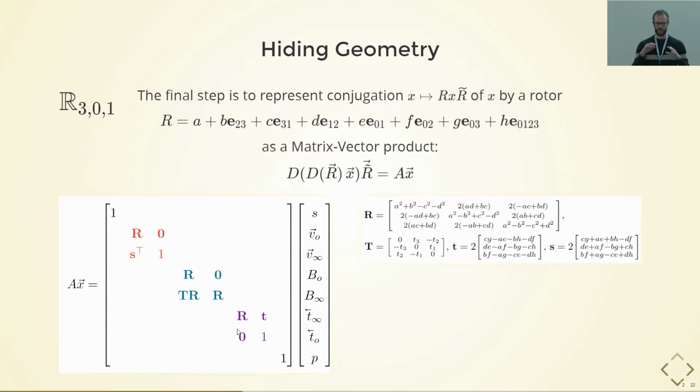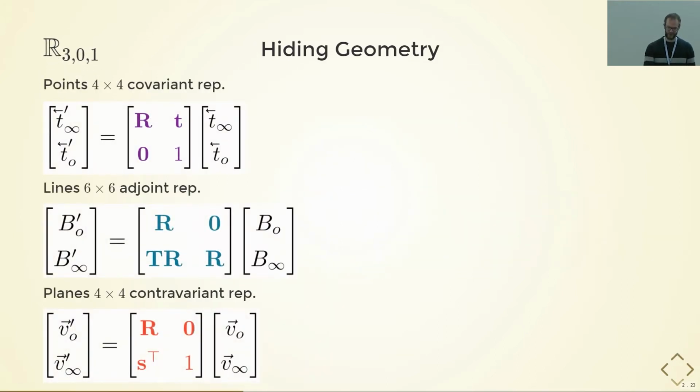And so now, because it is block diagonal along the diagonal, we can just represent the action of each of these sub-blocks on its relative vector space, right? So for points, I get this 4x4 covariant representation, as it's called.